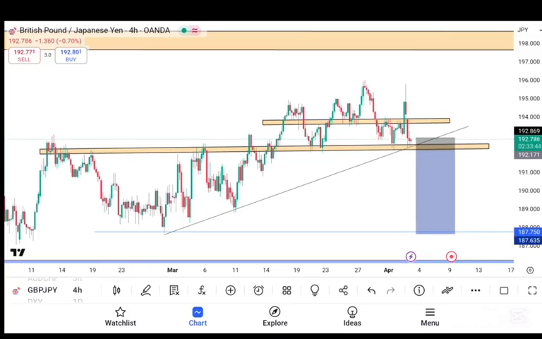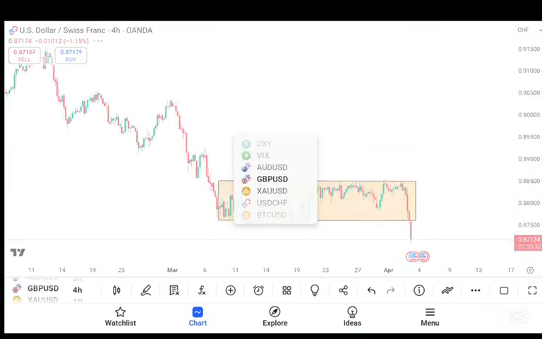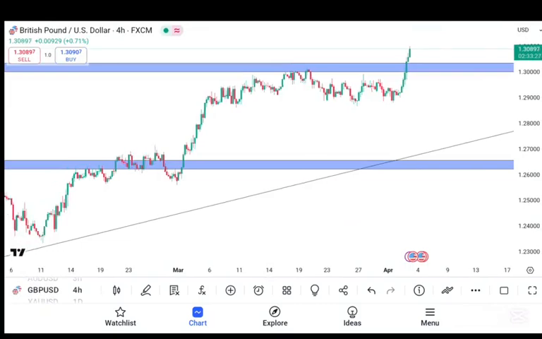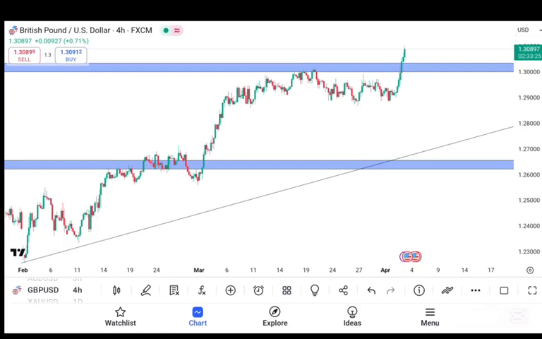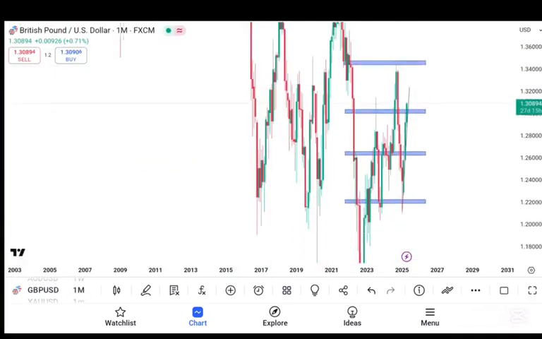Then we move to GBP USD. For this GBP USD, we start from the monthly time frame to see the overall direction already.